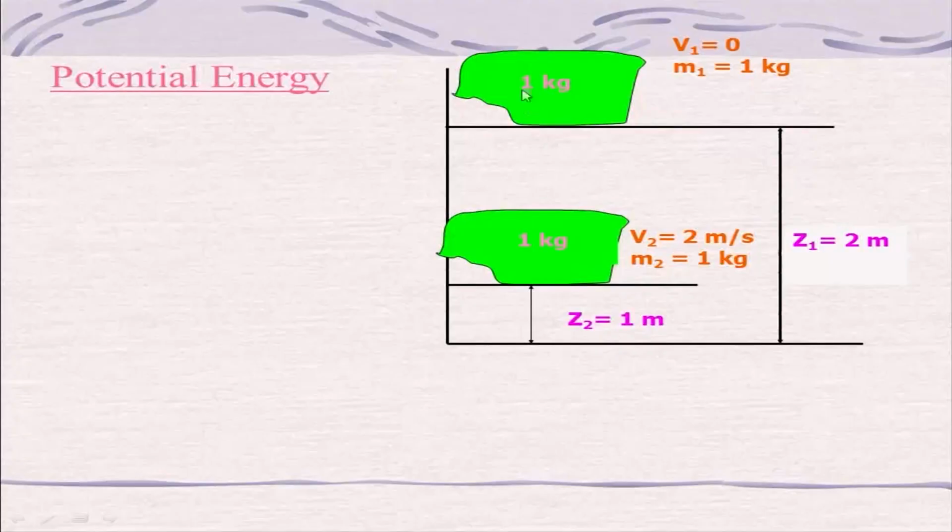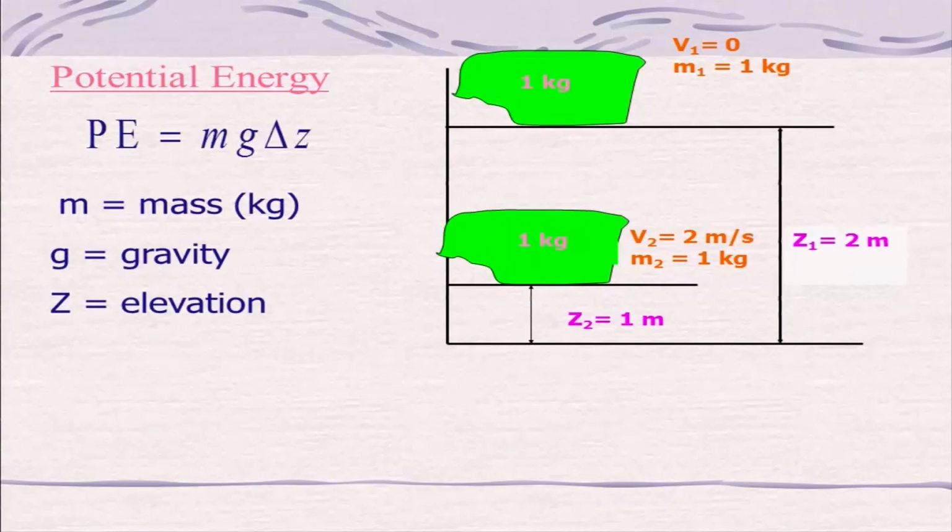So if you look at it, there is a mass which has a velocity v1 and mass of 1 kg. It is falling down and reaching state 2 with a velocity v2 and m2 equal to 1 kg, of course the same mass. So we need to find out the potential energy. So potential energy is basically mass times g, that is the acceleration due to gravity, times the change in elevation, right?